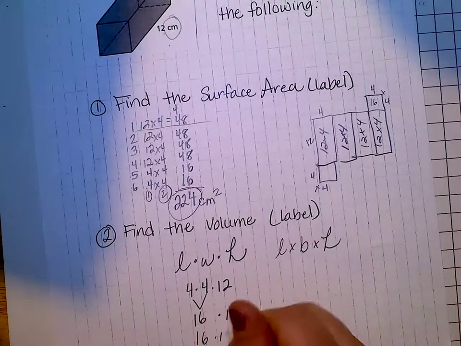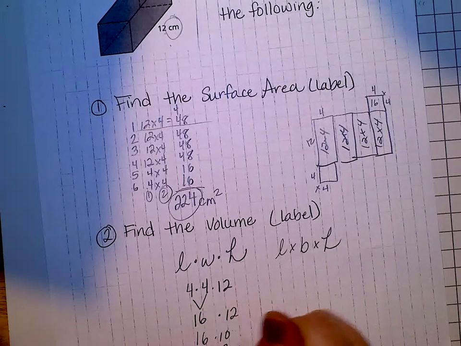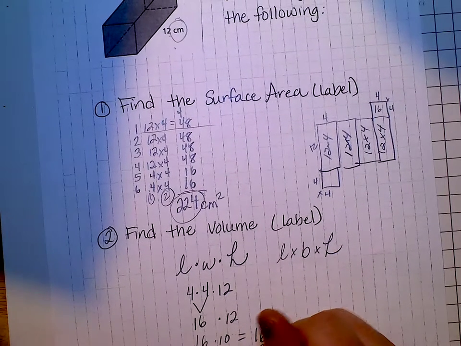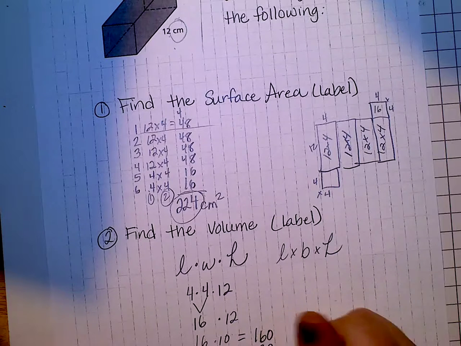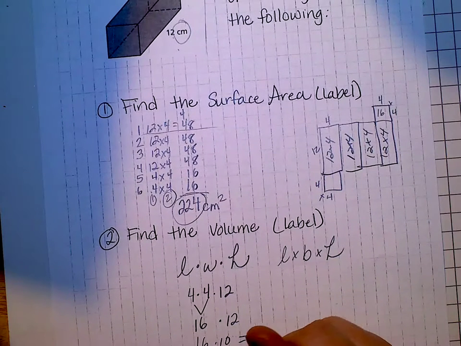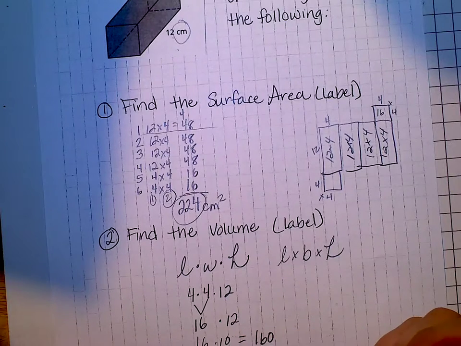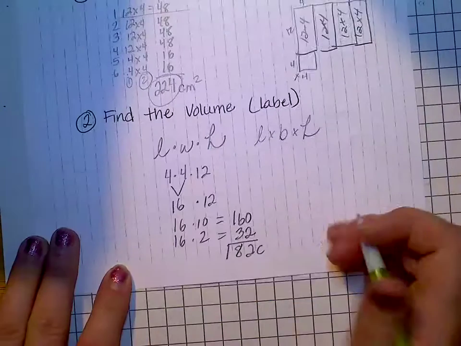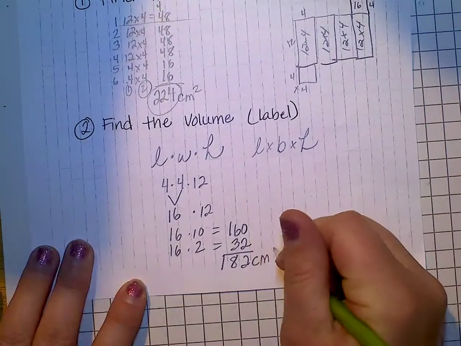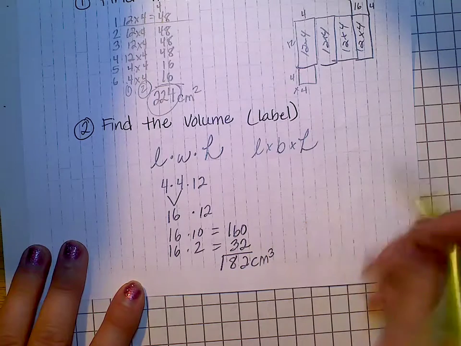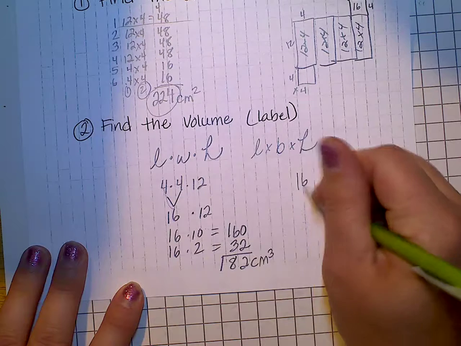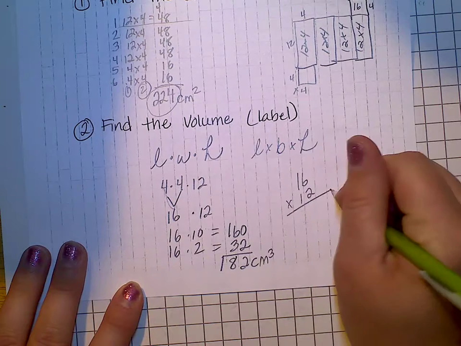And now if I'm multiplying that by 12, I'm going to do 16 times 10 and 16 times 2, which gets me to 160 and 32. 182 centimeters. Oopsie. Sorry. Centimeters cubed.